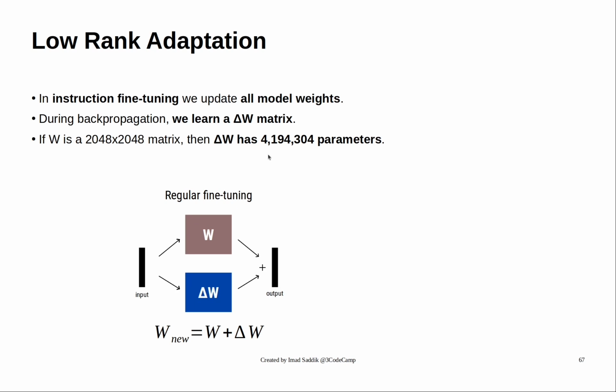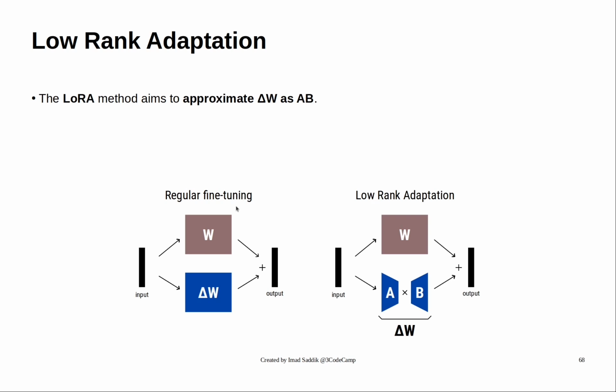Now let's see how LoRA makes this easier. You can see that the diagram changed a little bit. That's because with LoRA, we approximate the delta W matrix using two smaller matrices, A and B. When we multiply them, we get a matrix with the same shape as delta W. Matrix A has dimensions n by r, and matrix B has dimensions r by m.